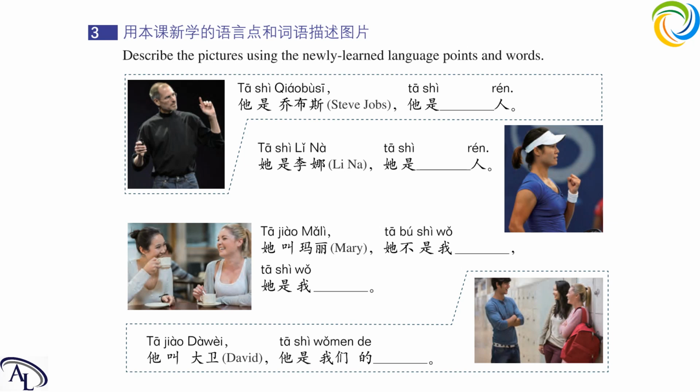Okay, 她叫玛丽。她不是我 something. 她是我 something. So what should we put here? We can see these two people. They are in a really friendly mood. They are chatting. So they might be friends, and they might not be in a student-teacher relationship, right?